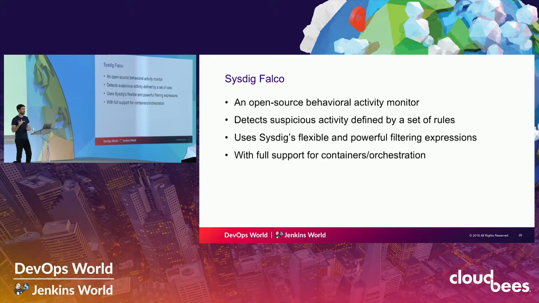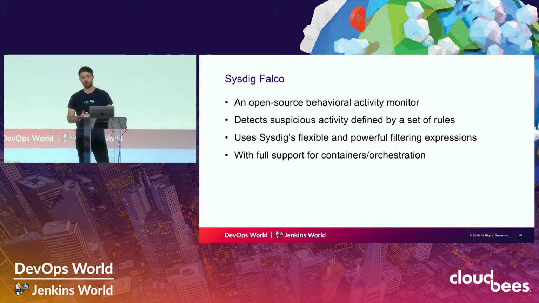This is an open source behavioral activity monitor where we can look at any of the system calls to see anything that's happening inside a container, on the host, or any inter-process communication.